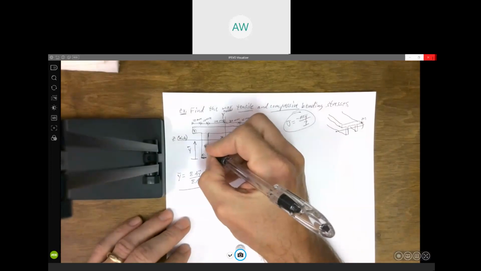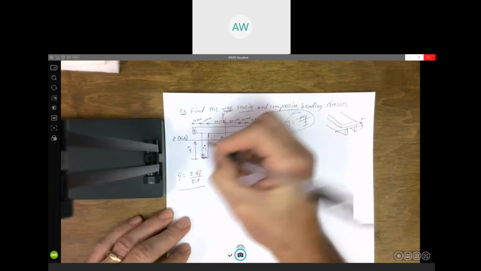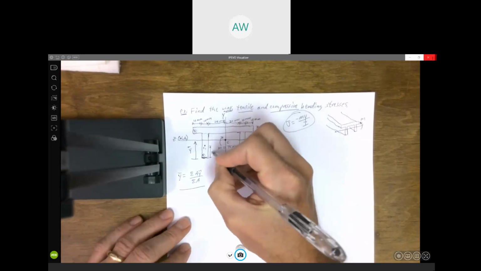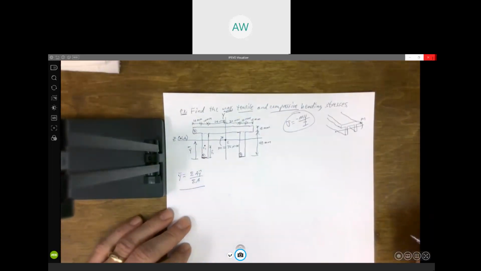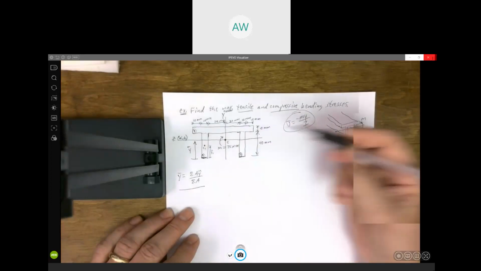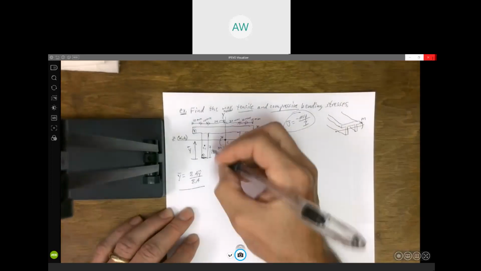So I know the centroid for area 1. It's a rectangle, so it's going to be located right in the middle. If this rectangle is 40 millimeters tall, that's going to be 20.